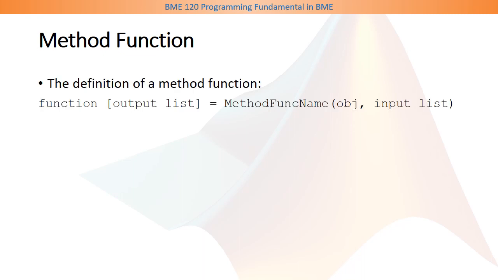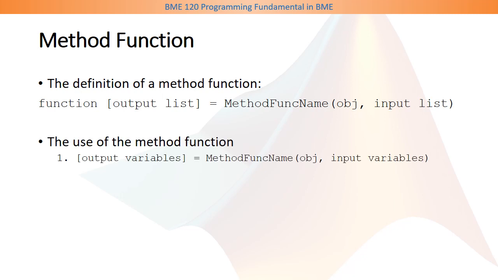Here is the example. It starts with the keyword function, followed by the output argument list in brackets, and then the equal sign, then the method name. The only difference here is that the first input must be the data object to which the method belongs, and then followed by the input argument list.